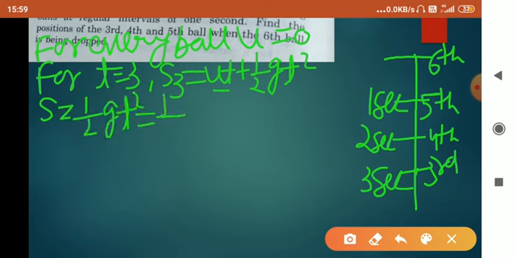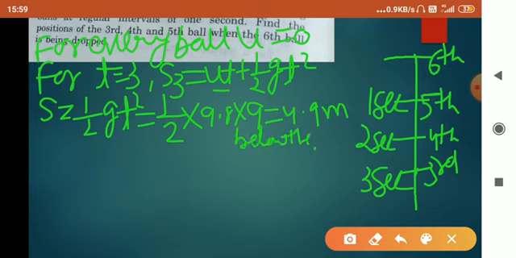On putting the values of t and g in this equation, g is 9.8 and t is 3 for the third ball. Now on solving this, we have 4.9 meter below the top. I hope this point is clear to you.